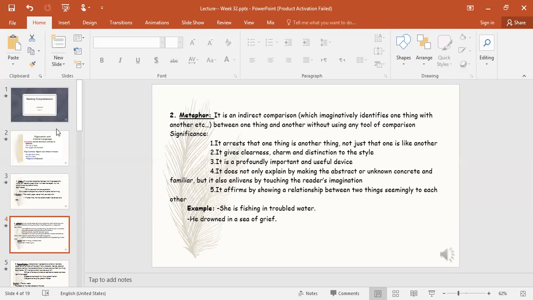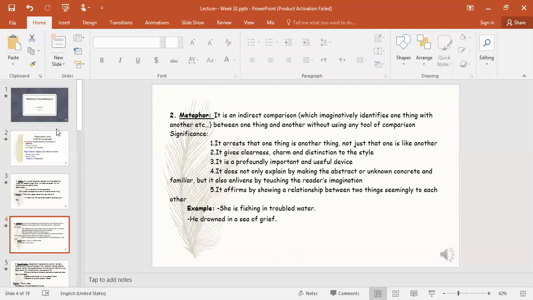It does not only explain by making the abstract or unknown concrete and familiar, but it also enlivens by touching the reader's imagination. Anna, when I tell you she is a doll, in your imagination, you will start imagining a certain form of this girl. It affirms by showing a relationship between two things seemingly unlike each other.